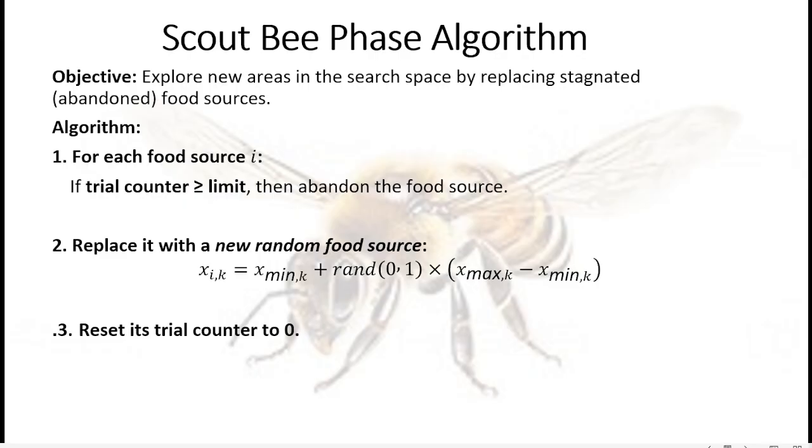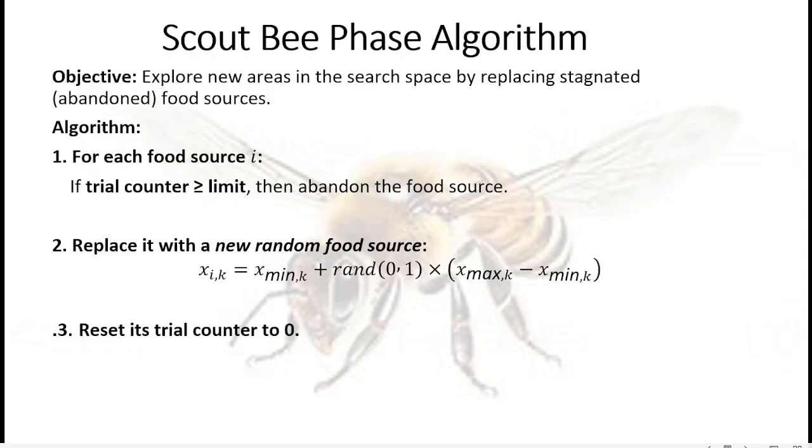So random(0,1), a random number between 0 and 1, ensures diversity in new solutions. This resets the abandoned source to a random position within allowable bounds to explore different regions of the search space.